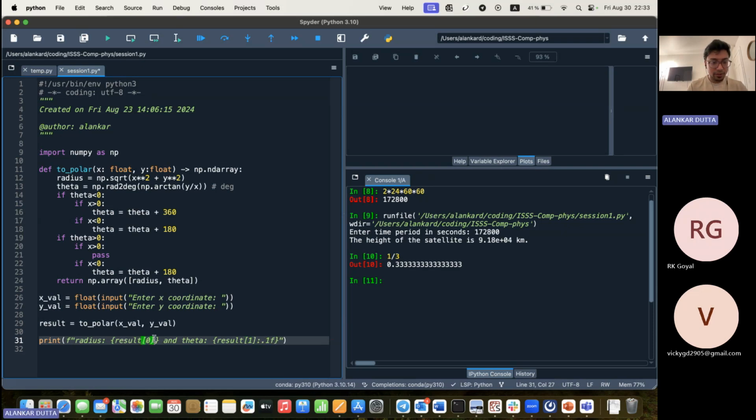So this just gives something like 0.2f and 0.2f. Okay, so this is how this would work.